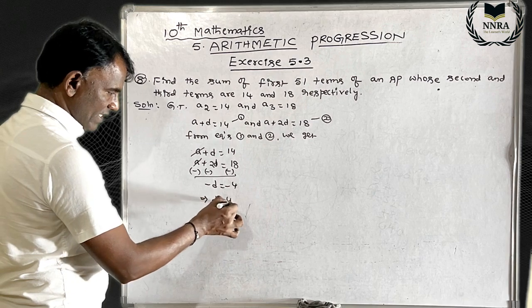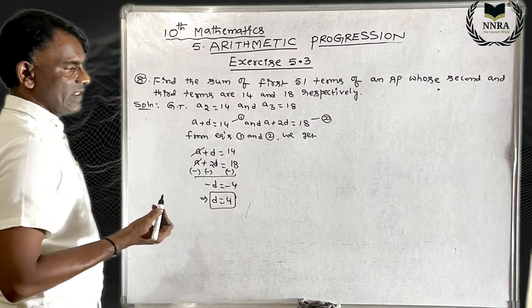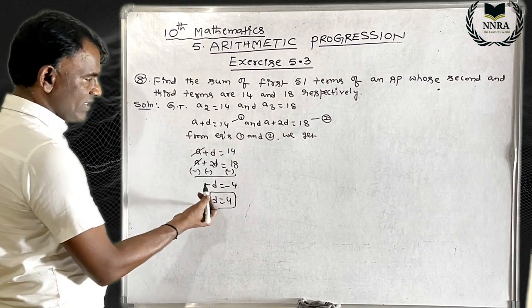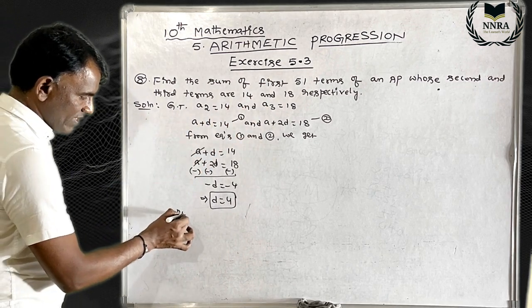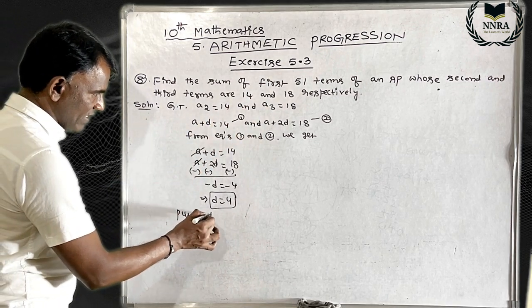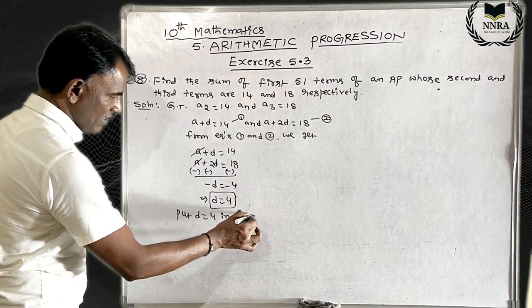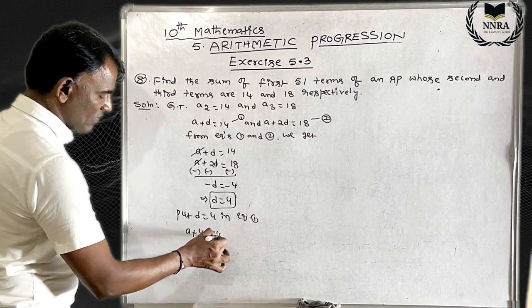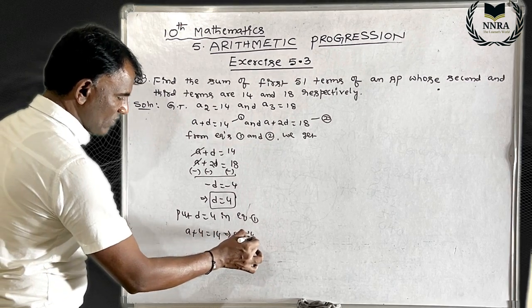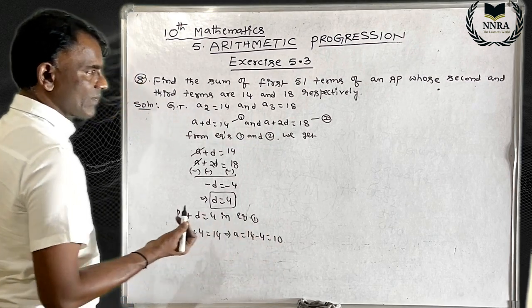Now d equal to 4. Right? Then substitute the d value either in equation 1 or in equation 2. Suppose we substitute the d value in equation number 1, how to write that? a plus 4 equal to 14. So a equal to 14 minus 4 equal to 10.